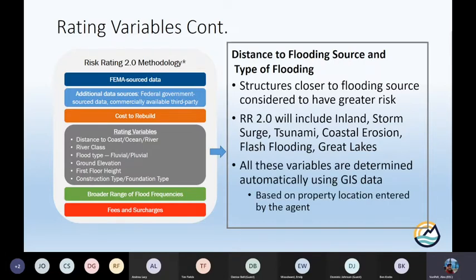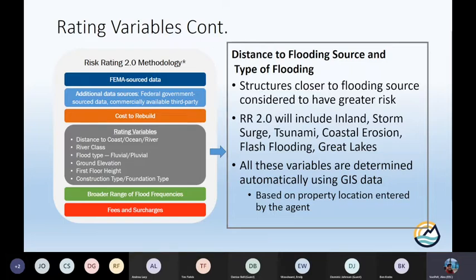With these different geographic variables, they're all going to be determined automatically in the rating engine itself using GIS data. So it's going to be using some of that federal data or some of the other third-party data, and it's all going to be based on the location that the agent enters when they're doing the flood insurance application. So a lot of this is going to be baked in, done automatically, so the agent doesn't have to worry about figuring out whether they're looking at the right location.